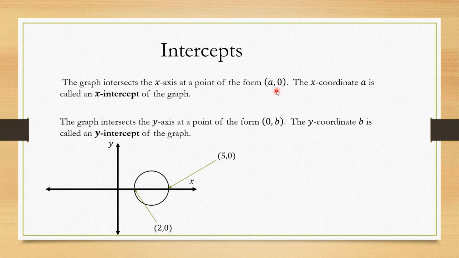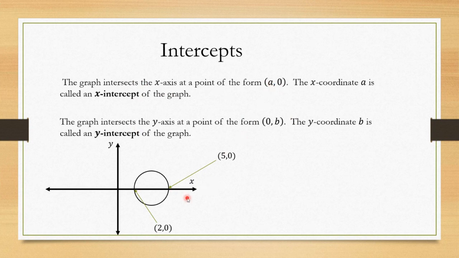If you remember, since you're on the x-axis, the y-coordinate has to be 0. That's what has to happen. The y-coordinate has to be 0. Okay? Now, the x-coordinate, here I called it A. This is actually what they call an x-intercept of the graph.